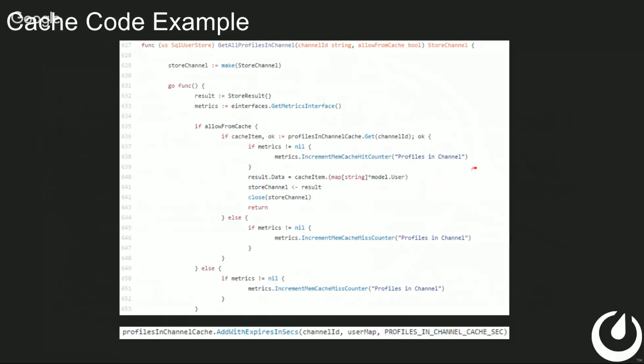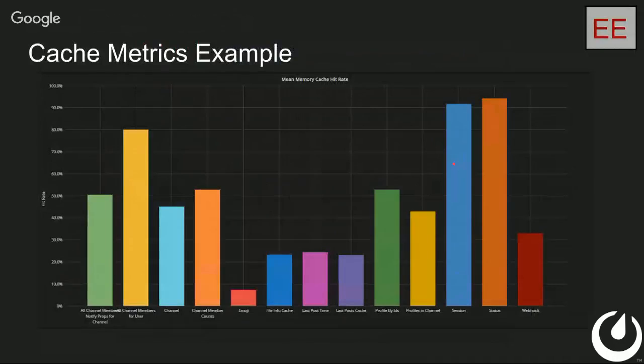And so next thing, you see these increment memcache hit counters. So if you go into the metrics, you can actually see the hit rates on these caches, which definitely is super useful for debugging, making sure your cache actually works. Definitely, if you're writing one of these, I would recommend setting this up so you can take a look.